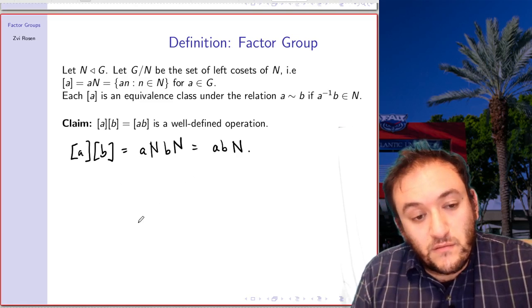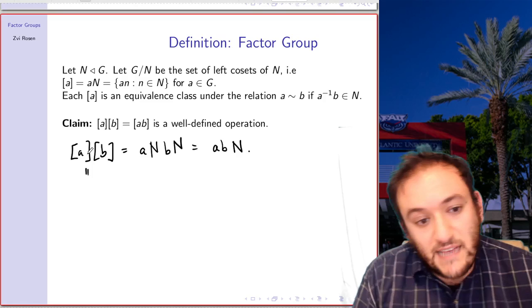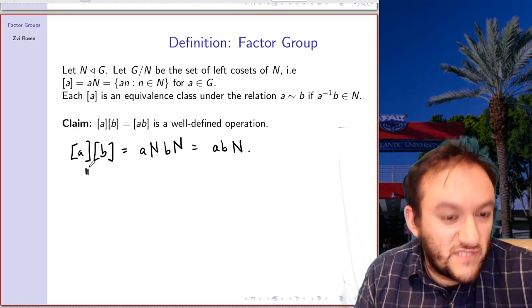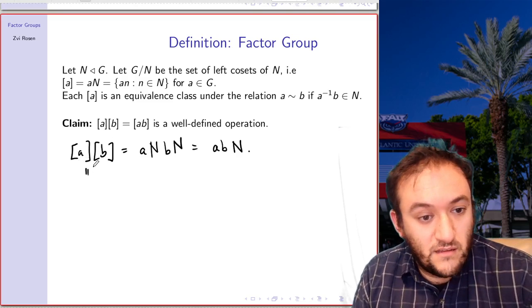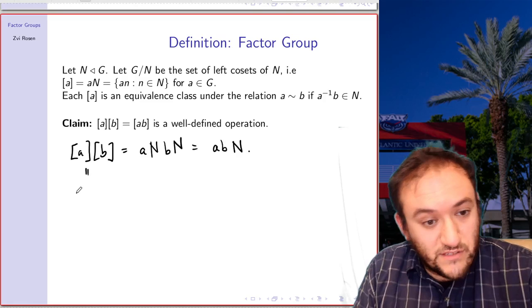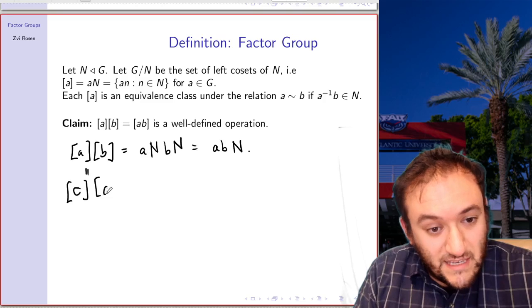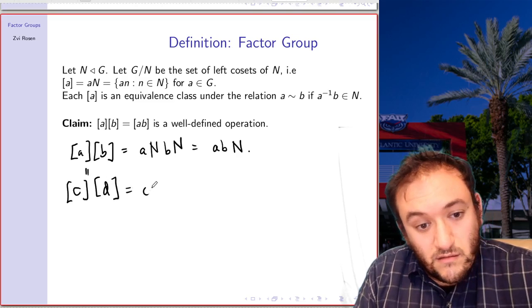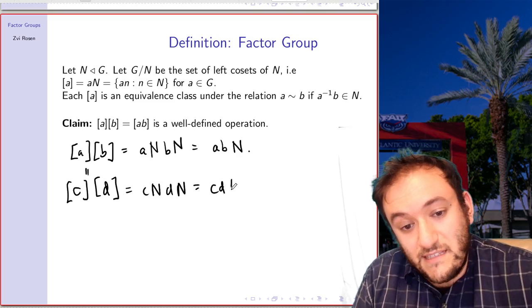Well, the idea is that for this equivalence class, I could take any element of this equivalence class and I might arrive at something different. So let's say we took instead cN and dN, then we would get cdN.